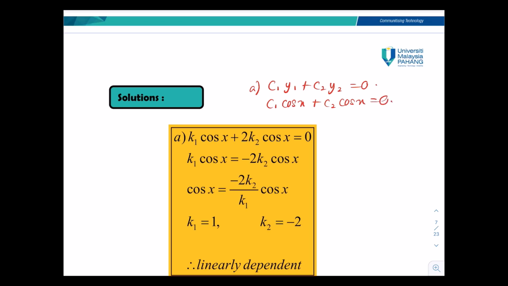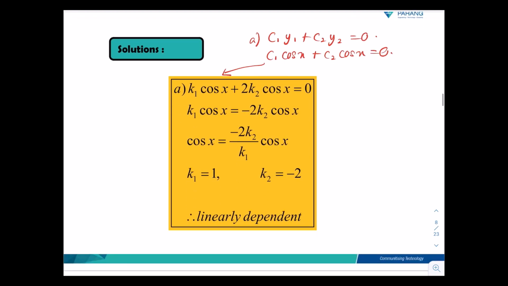Relate this with the previous notes, where they used K1 and K2. We have K1 equals 1, K2 equals minus 2. So this is the case called linearly dependent, when at least one of the C's is not equal to 0. Obviously C1 and C2, or K1 and K2, are not equal to 0, so this is called linearly dependent.